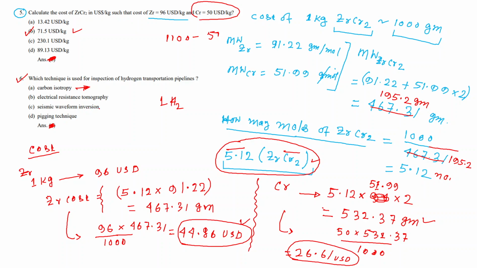Seismic wave inversion, I think, is for earthquake detection; you may search on Google. But the pigging technique is used for inspection of the hydrogen transportation pipeline. It is also in your PPT slide. Just remember this technique name.